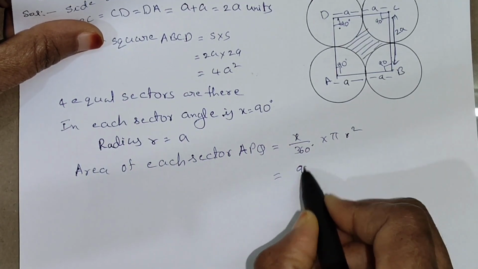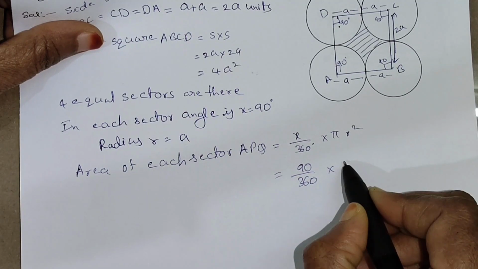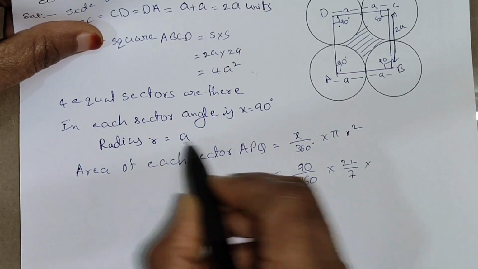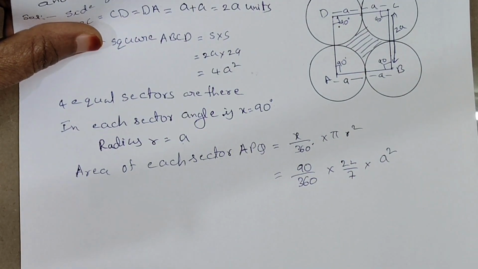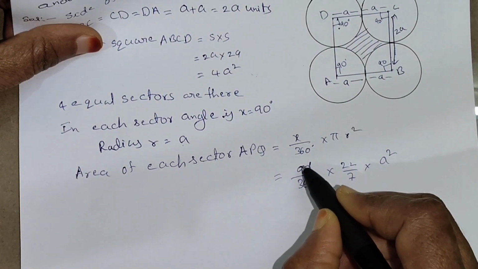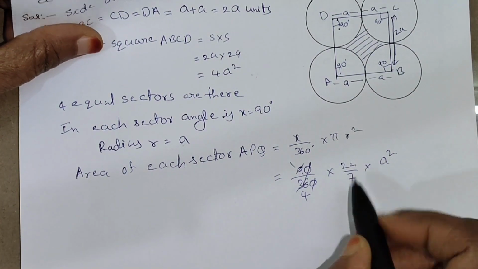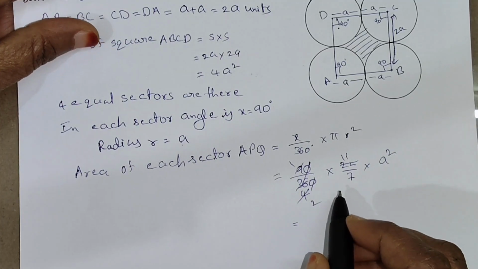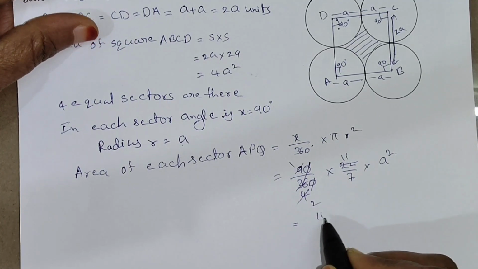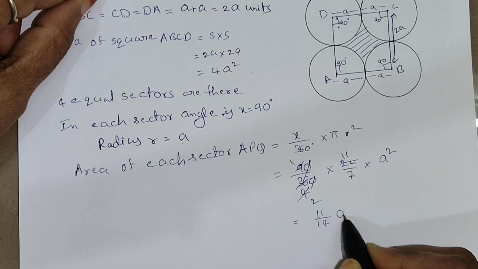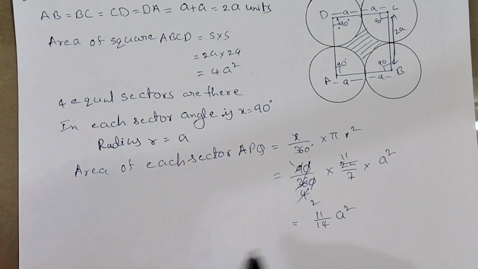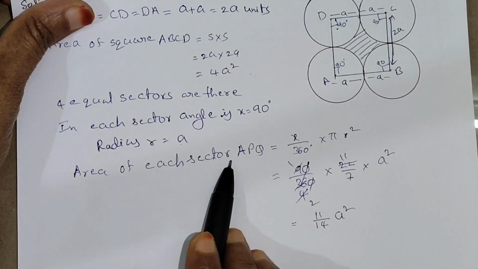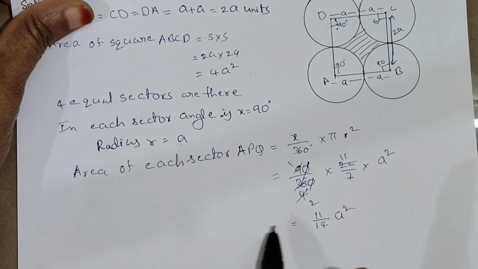So x equals 90 degrees by 360, into pi equals 22 by 7, r equals a square. The 0 gets canceled. 9 1s are 9, 4 2s are 8... this gives 11 by 14 a square. This is the area of each sector.